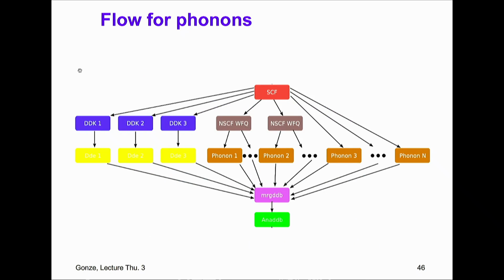The flow for a phonon calculation can be represented by this graph: a self-consistent ground state calculation, and then one prepares the wave function at the shifted k plus q value. This is represented here, and then one can start to do the real DFPT calculations.